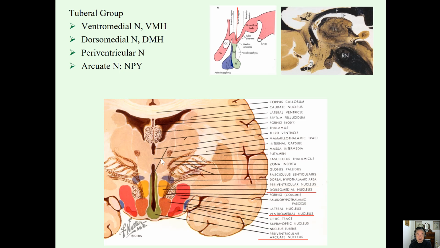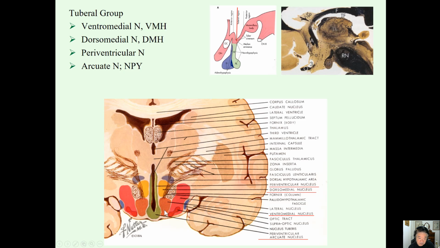The third region is called the tubular region. When you cut the coronal section, you will see these structures in the tubular region. Again, you have a medial side and a lateral side. On the lateral side, this is called the lateral hypothalamic nucleus. This is called the hunger center. When it is activated, people feel hungry. And here is your medial side.